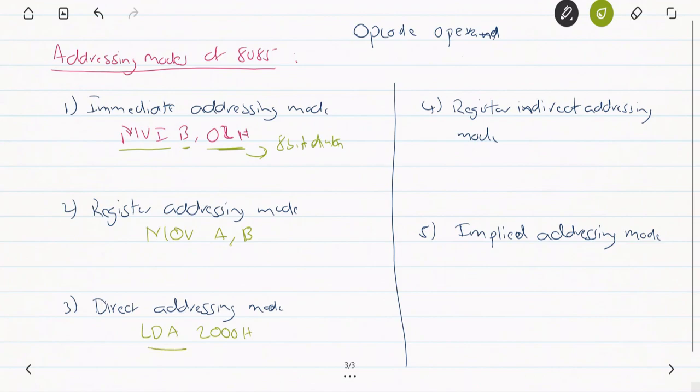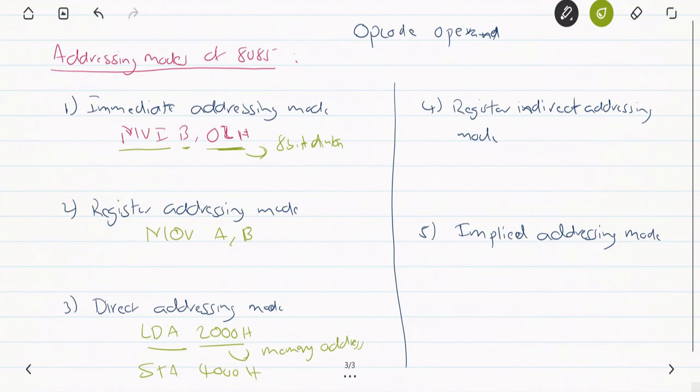Now here LDA becomes the opcode and 2000H becomes the operand. Now this 2000H is actually a memory address and not the data. So this particular instruction now comes under direct addressing mode. Similarly, we could do STA 4000H. Again, this instruction is also under the direct addressing mode.